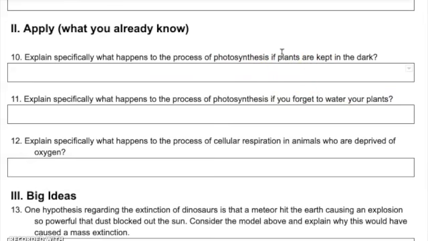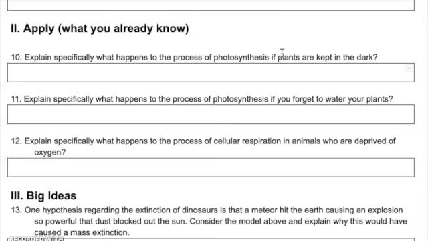Okay, so for number 10, if plants are kept in the dark, photosynthesis will not happen. Cellular respiration can happen as long as there is enough glucose. If there is no glucose, if the plants are in the dark, there's no light energy to help them perform photosynthesis and create glucose, the plant won't even be able to go through cellular respiration.